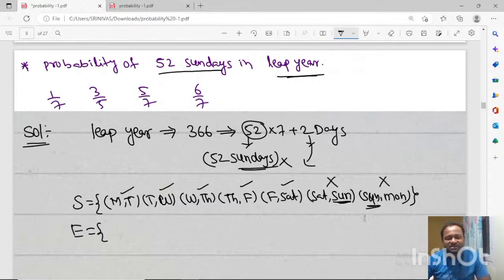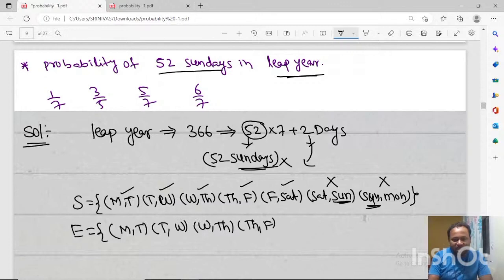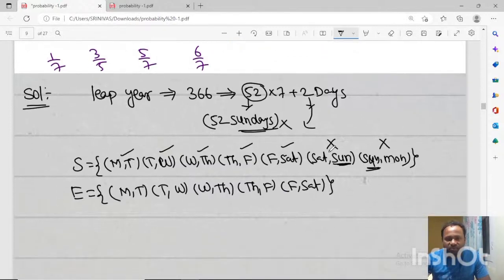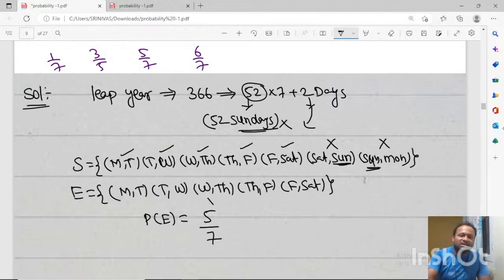What will be the sample space? What will be the favorable? Monday-Tuesday, Tuesday-Wednesday, Wednesday-Thursday, Thursday-Friday, Friday-Saturday. These are my favorable. So the probability of E is 5 out of 7. So the answer is 5 out of 7.